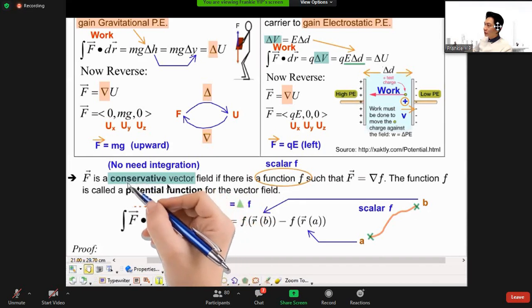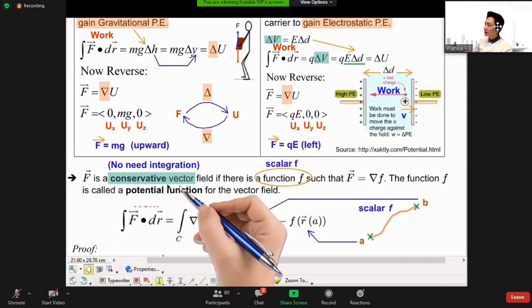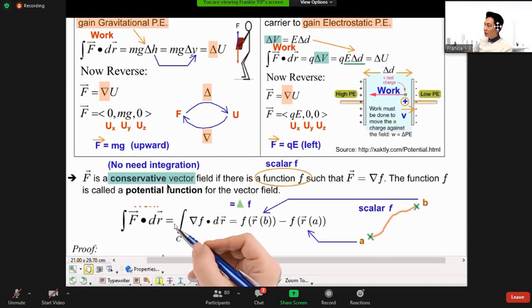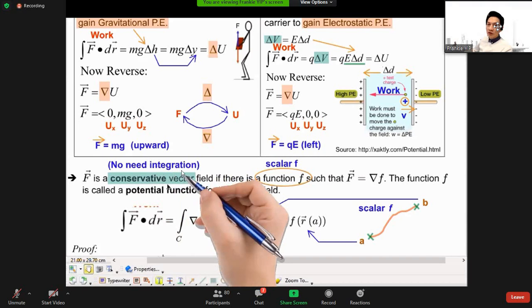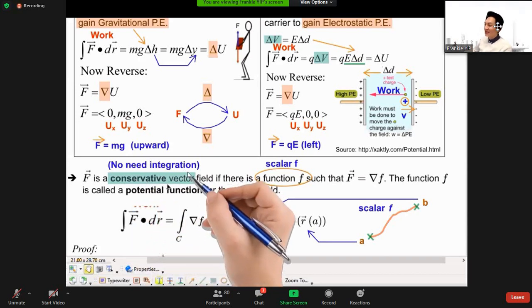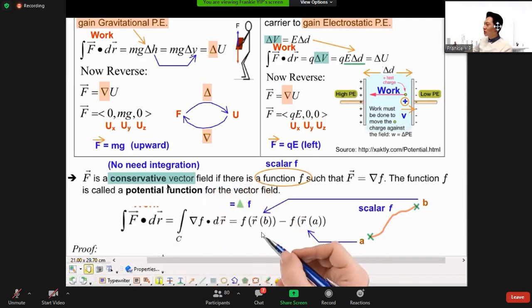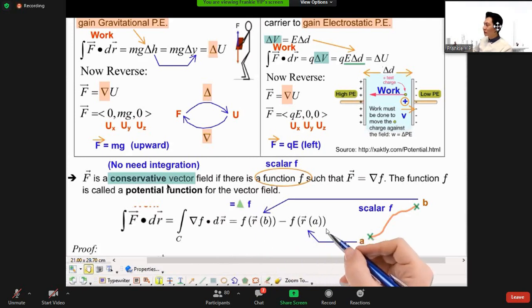What's more, because F is a conservative vector, another benefit is that in order to calculate this integral, we have no need to work out the integration. Cute, right? In order to do this integration, you just put the function of the final point minus the function of the initial point, okay. Got it?